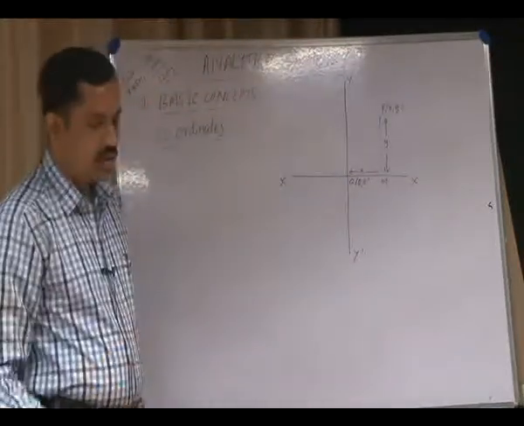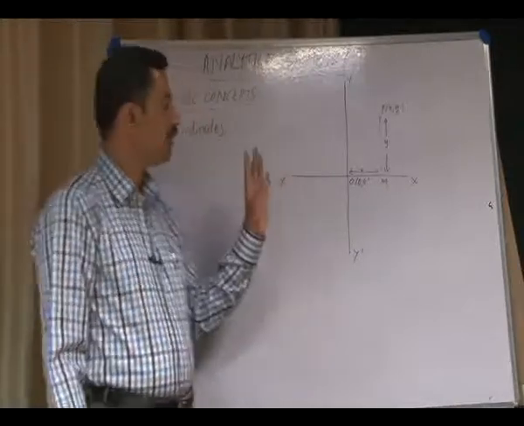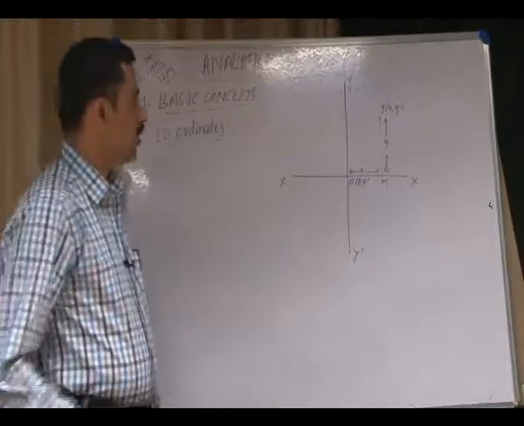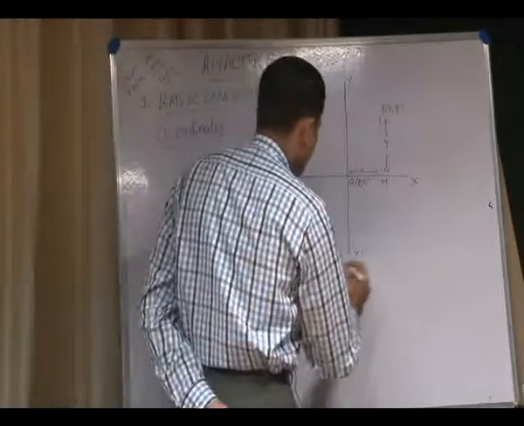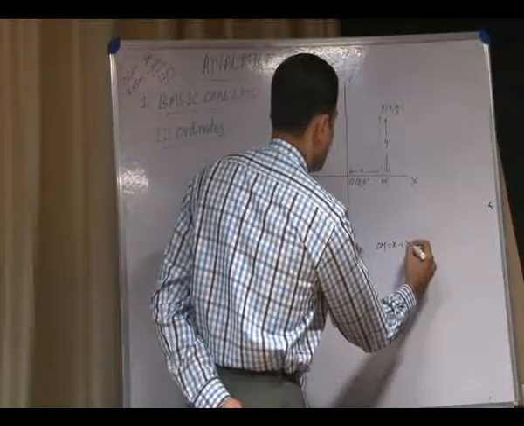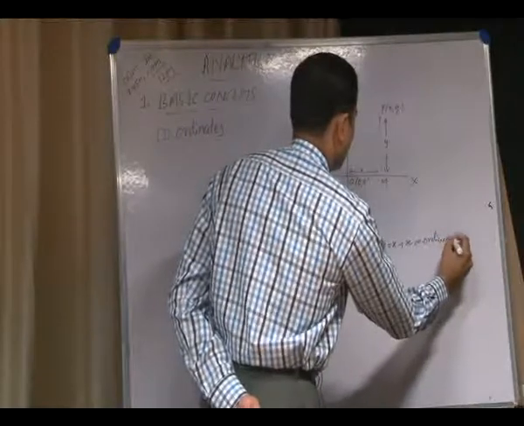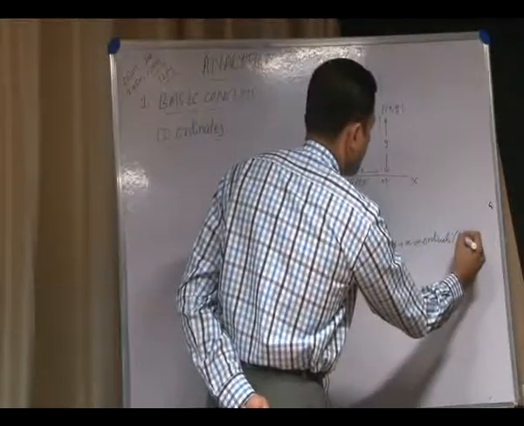Like this we represent the position of a point by 2 coordinates, x and y. In this figure, OM is equal to x, which represents the x coordinate, also called the abscissa.